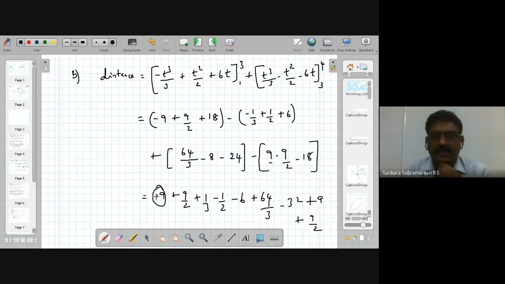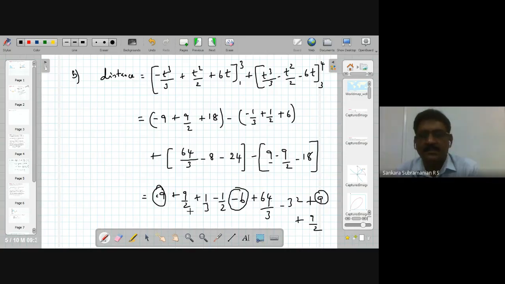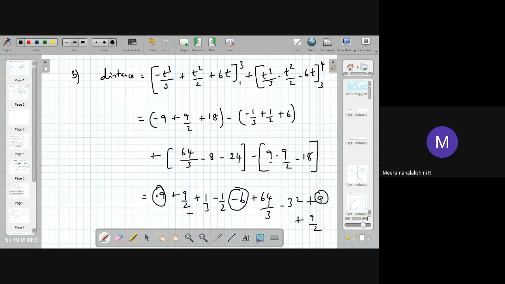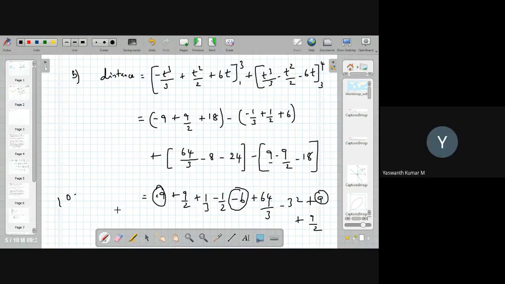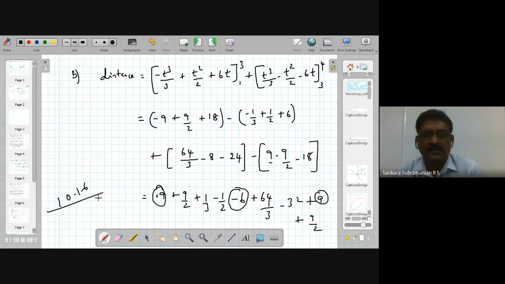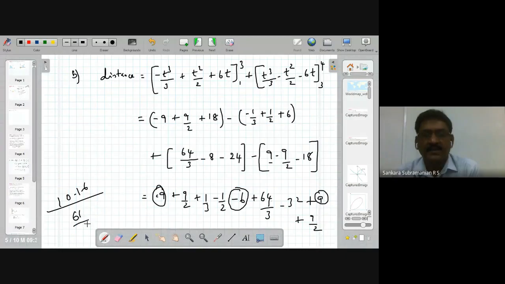The numbers are 9, 18, 18 minus 6. What is the fraction you are getting? 61 by 6.